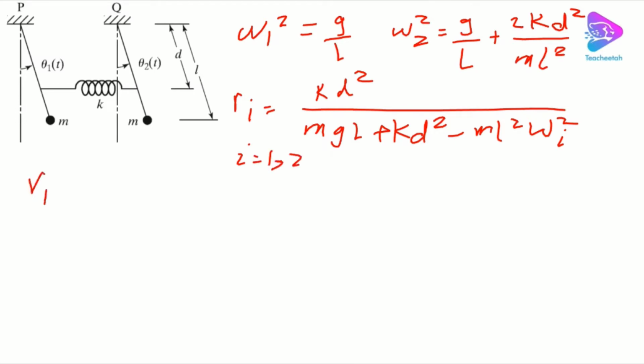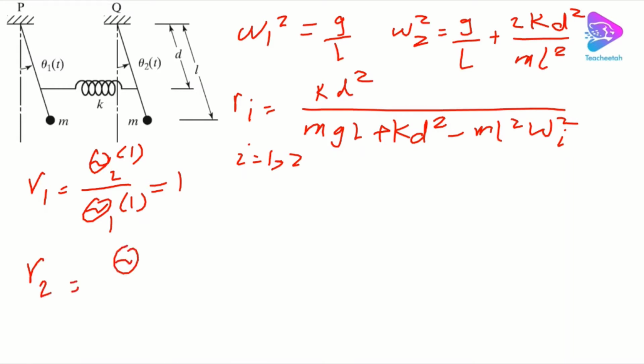For r1, for the first mode, we found the amplitude ratio theta 2 1 divided by theta 1 1 equal to 1. And for r2, we found theta 2 2 divided by theta 1 2 equal to minus 1.